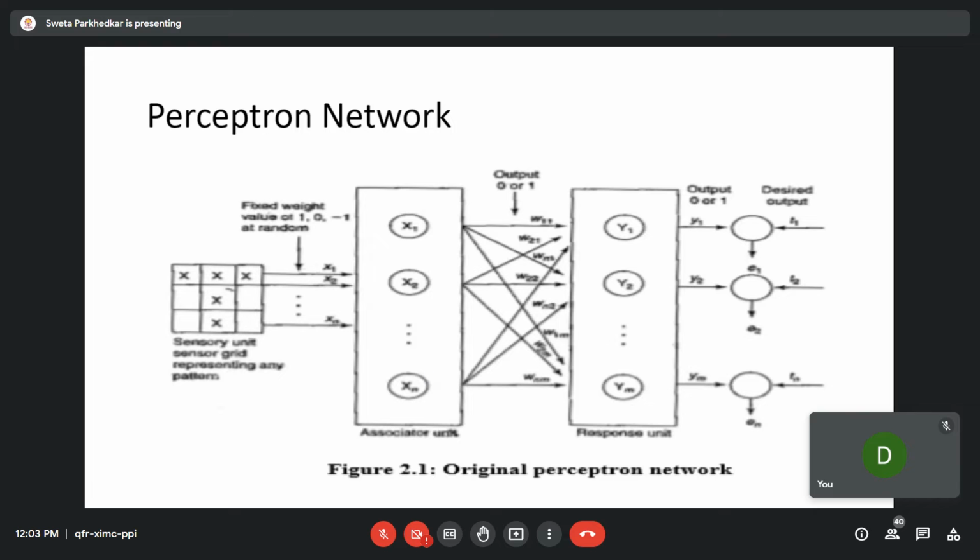Okay. So the associated unit for such a case will behave as an input unit to the response unit or the output unit.